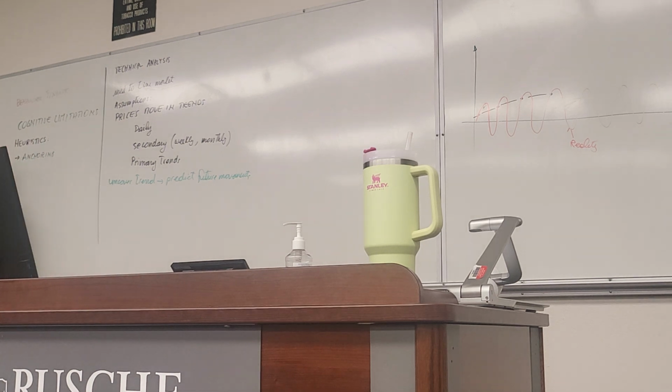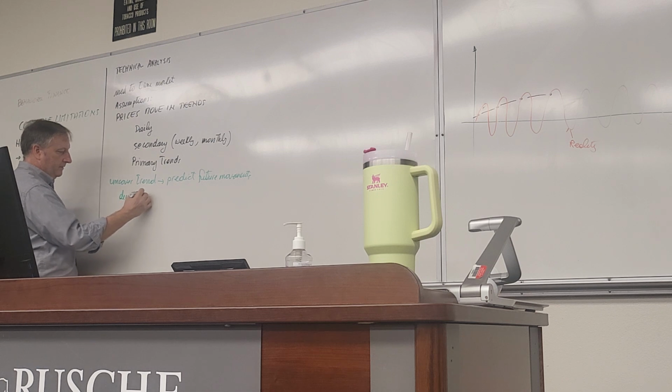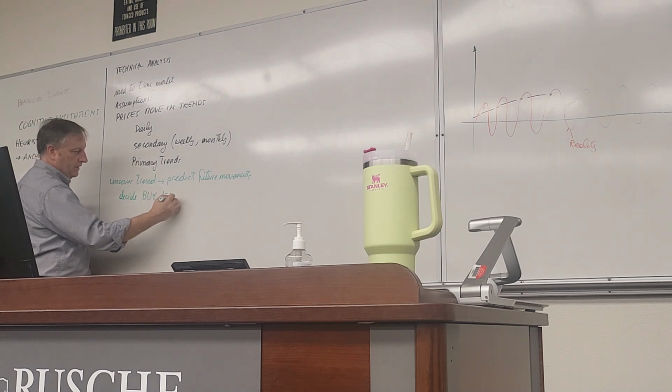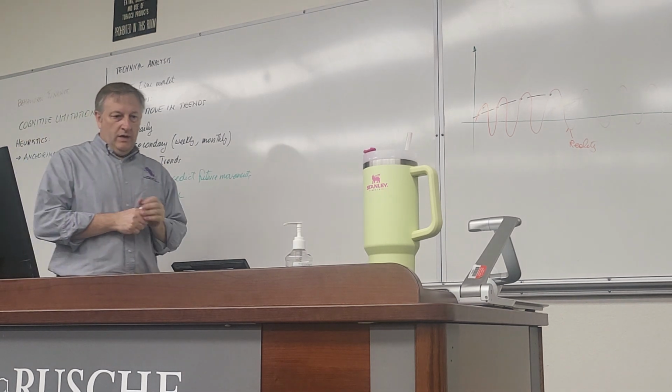If you can predict future movements, then that can tell you whether you should buy or sell a particular asset. So this is the intent of technical analysis. Those are the assumptions that they make, and this is the consequence of those assumptions.